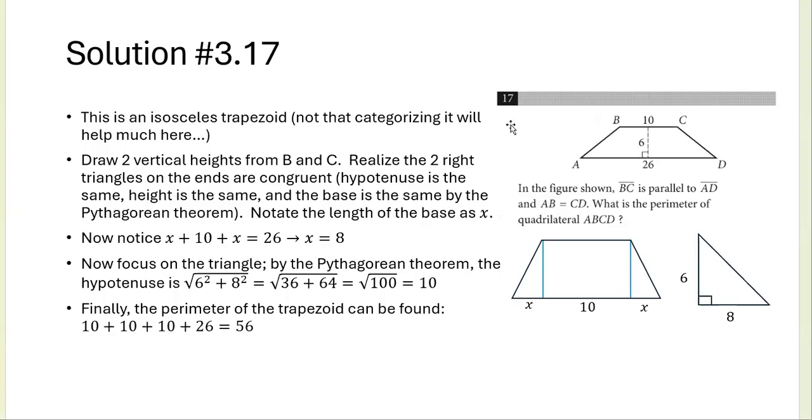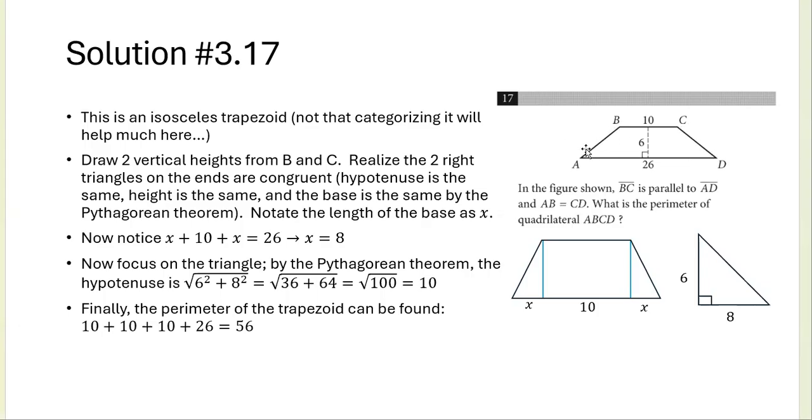So we could categorize this as an isosceles trapezoid. Not that categorizing it will actually help us in any bit, in my opinion, but a trapezoid has two parallel sides, which this does because it says BC is parallel to AD. And this is an isosceles trapezoid because they say AB equals CD.